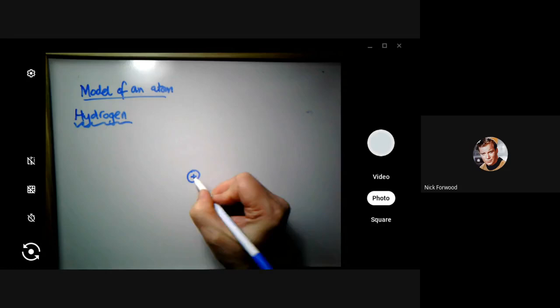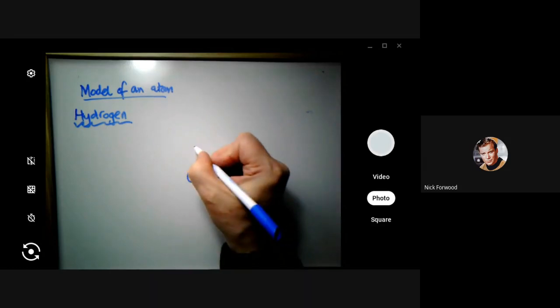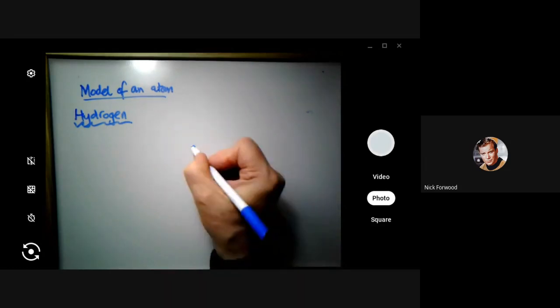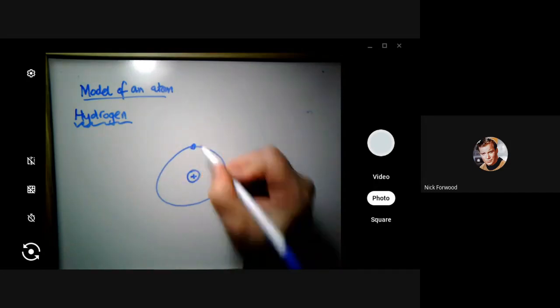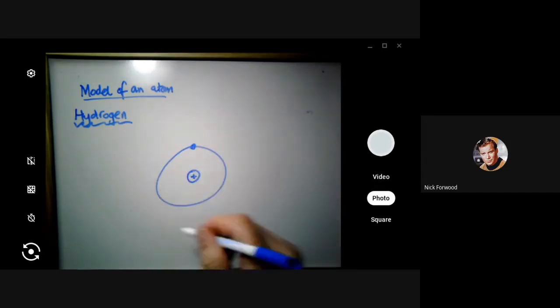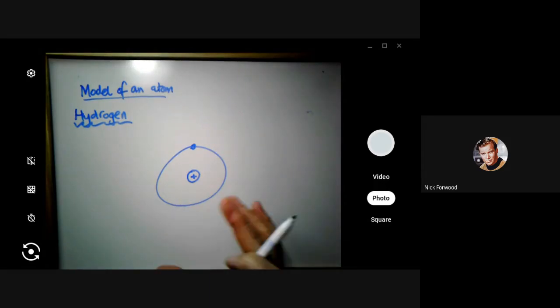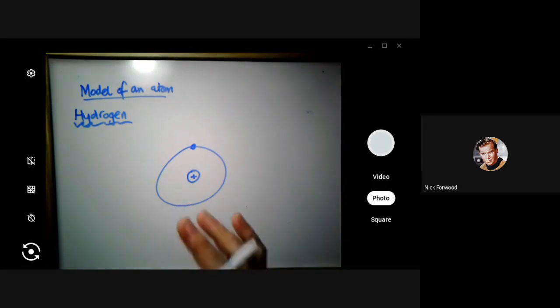So we're going to start off with a very, very simple idea that we've got a positive proton, and around it there is just one single electron, and it's behaving itself quite nicely, and it's whizzing round and round here, and it's probably in 3 dimensions, and it's probably coming out this way and going around that way. But we're just going to draw our model like this, and this is the very simplest model of the hydrogen atom that we can get.